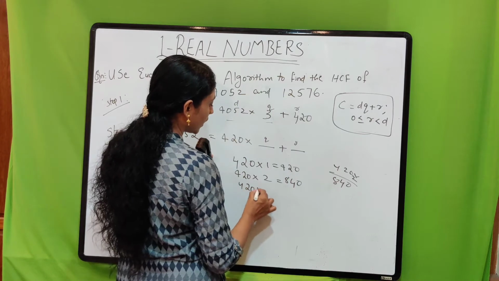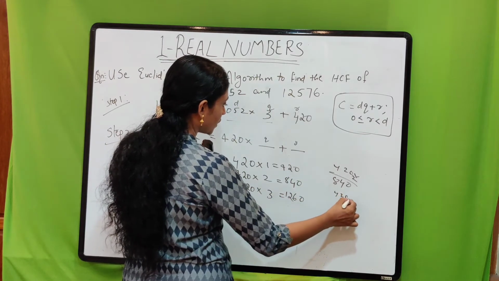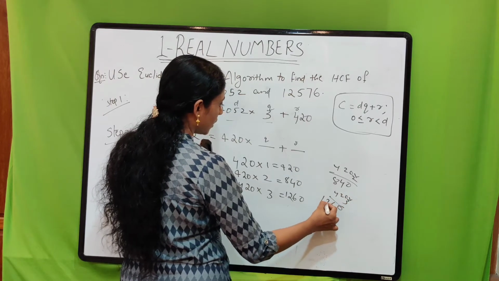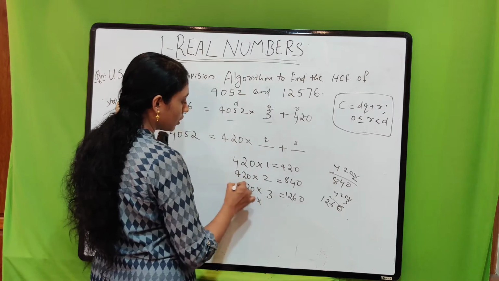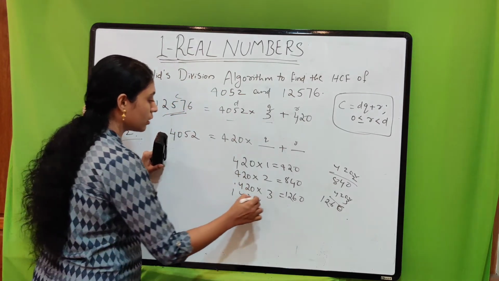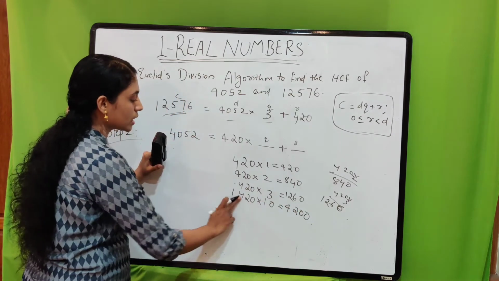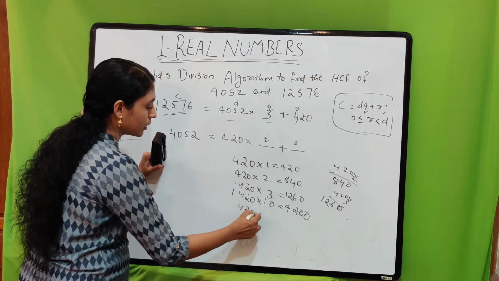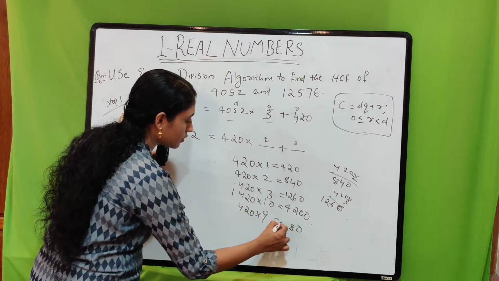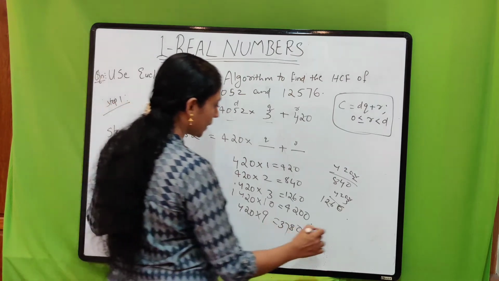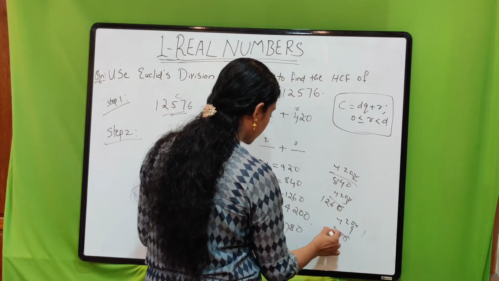Now 420 into 3, what is the answer? 1260. Then 420 into 10 is 4200. So 10 is not the answer. You have to check the numbers below 10. 420 into 9, what is the answer? 3780.